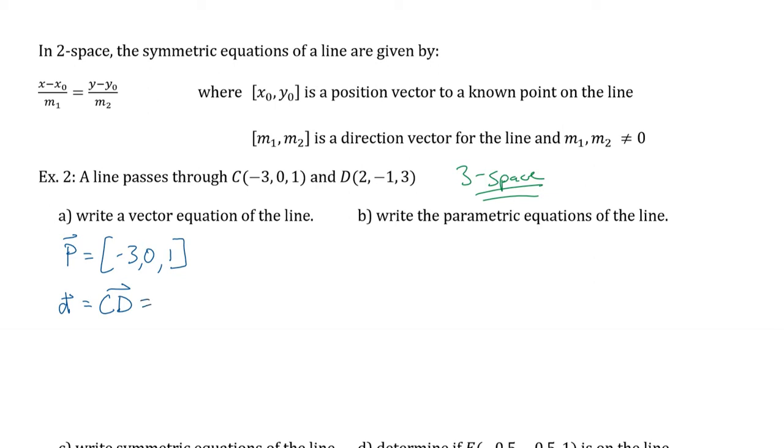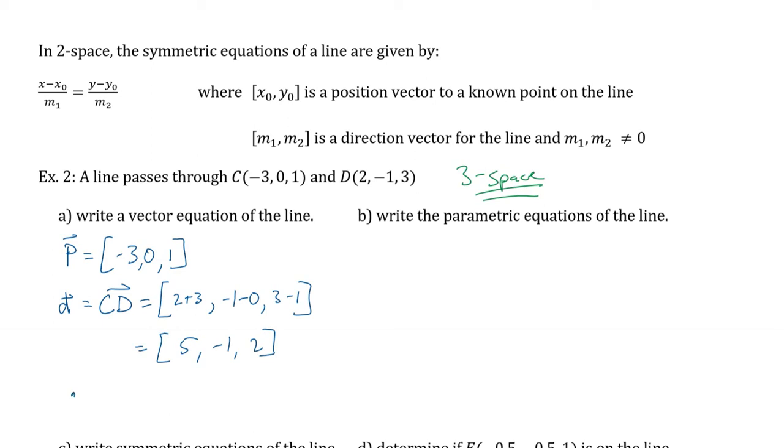And how do I find a vector between 2 points? I subtract backwards. So CD is going to be D minus C. So 2 minus negative 3, which is 2 plus 3. Negative 1 minus 0. And 3 minus 1, which is our Z component. And that gives me (5, negative 1, 2) as my direction vector.